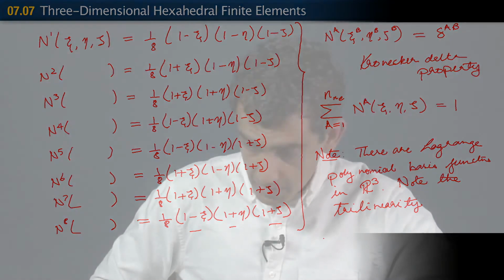So these are the functions that we use to construct our finite dimensional trial solution as well as finite dimensional weighting function. Furthermore, looking ahead, we are also going to use the same basis functions to interpolate the geometry.